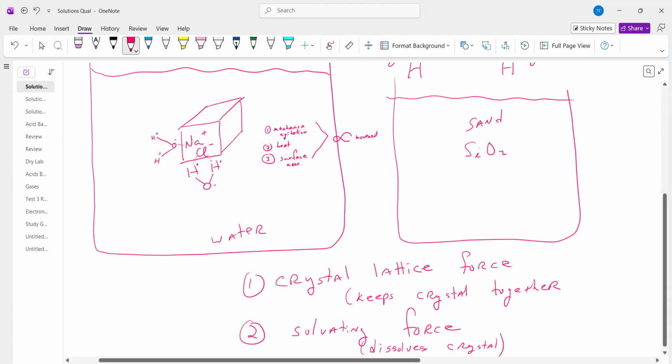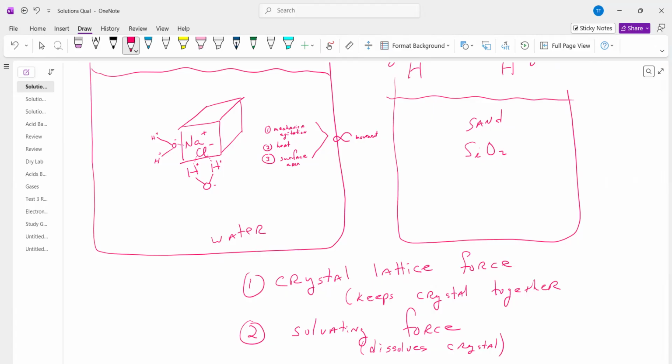So we've got two competing forces, solvating force, crystal lattice force. If the crystal lattice force is stronger than the solvating force, like sand, it'll stay solid. If the solvating force is stronger, it'll dissolve.